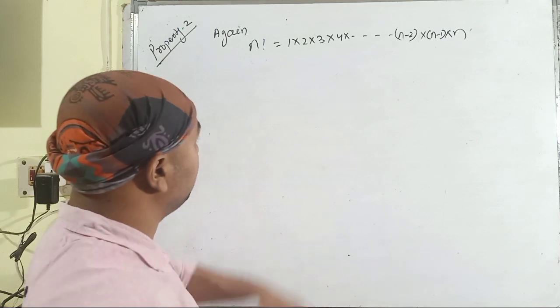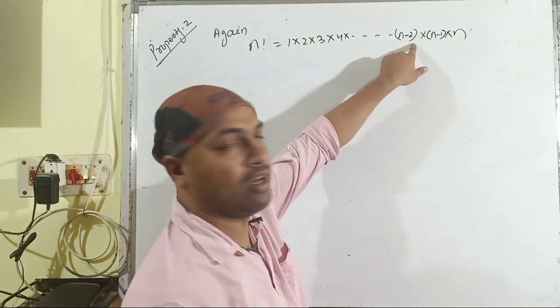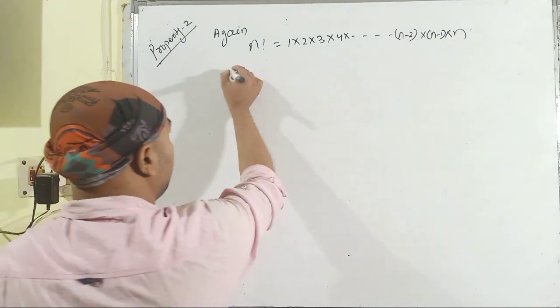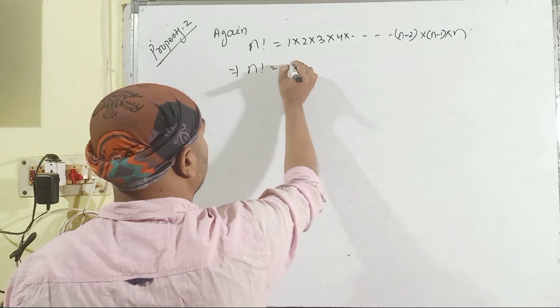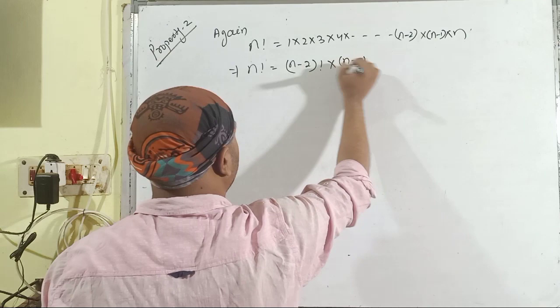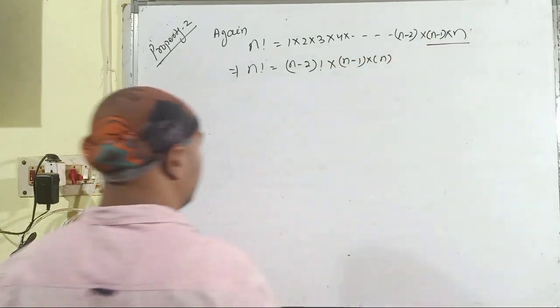Now we have to consider all of the terms starting from 1 up to n minus 2, just excluding the last two parts. So here we have n factorial is equal to factorial of n minus 2 multiplied with n minus 1 and n, just excluding the last two terms.